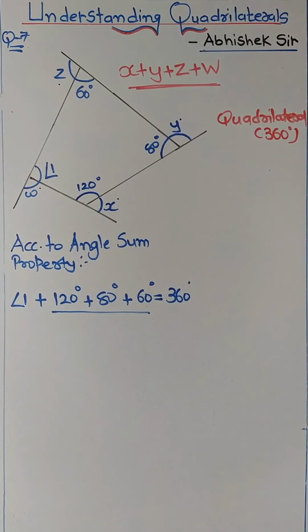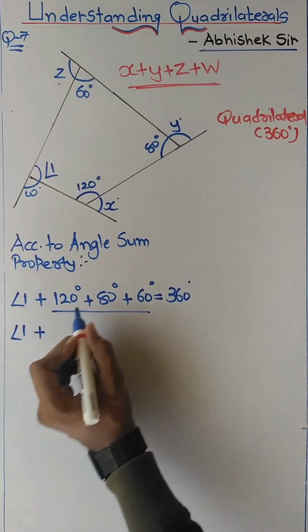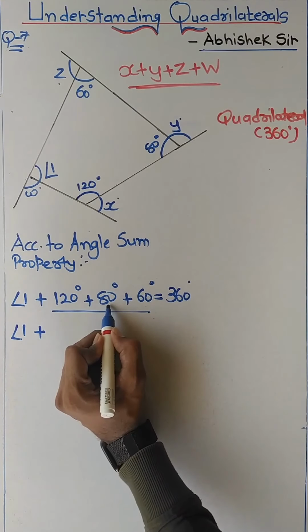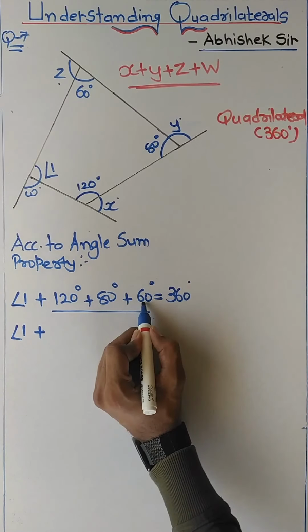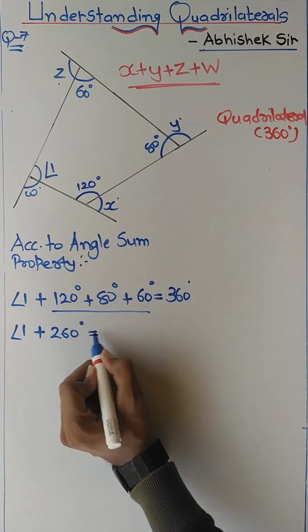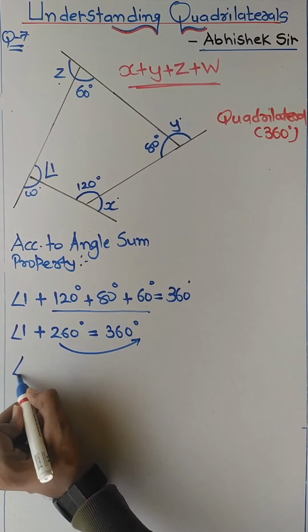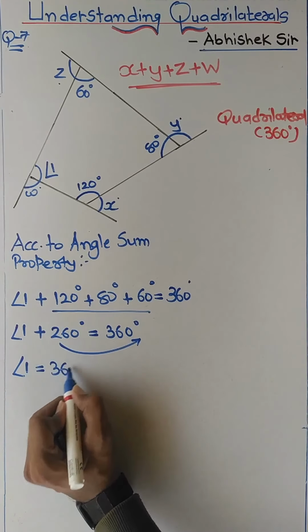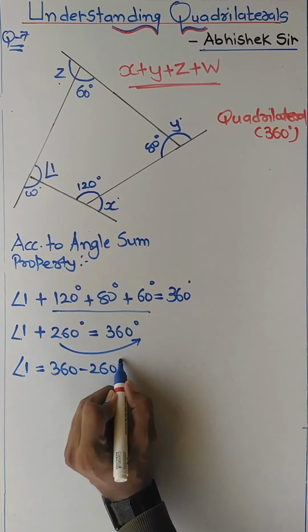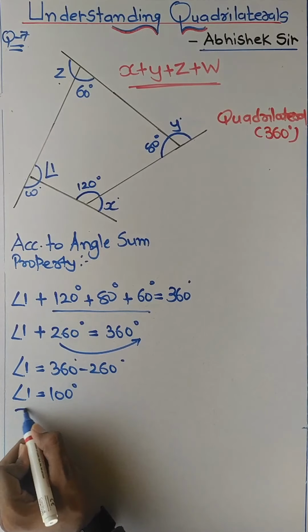So let us find out this unknown. Angle 1 plus 120 plus 80, that is 200. 200 plus 60 is 260. So angle 1 plus 260 equals 360. Let us take this 260 to the other side. Angle 1 is 360 minus 260 degrees. So angle 1, finally we got 100, right?